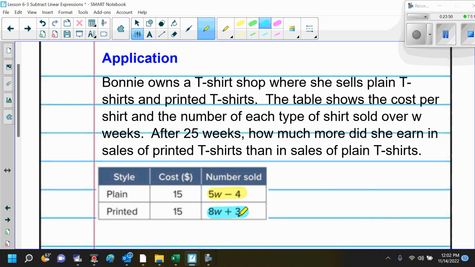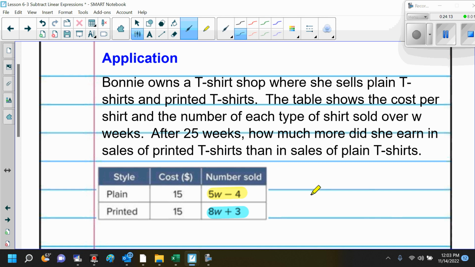There's plain t-shirts and printed t-shirts, okay? And we want to know how much more did she earn in sales of printed t-shirts than plain t-shirts. So that means she earned more for the printed t-shirts, right?